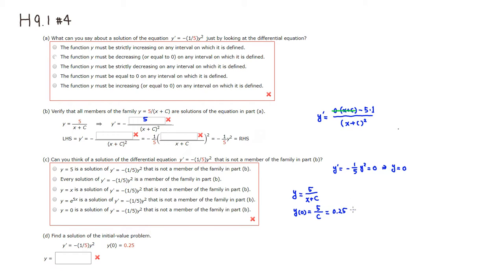So let's take the reciprocal of both sides. So we put c on top and 5 on the bottom, right? And since 0.25 is 1/4, if you take the reciprocal of that, you get 4, right? Then we can just multiply by 5 to get the c value. So 4 times 5 is 20. So therefore, the solution is going to be y equals 5 over x plus 20, right?